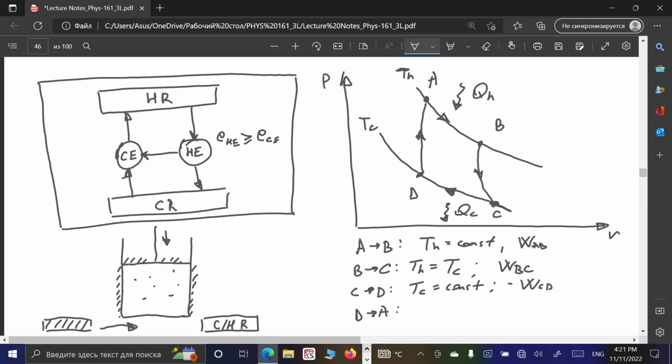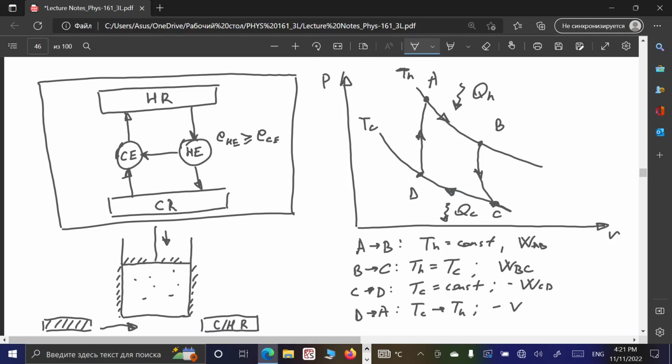So in this case, what happens? We insulated the ideal gas, and there is still some work done on the system. That results in the increase of internal energy because heat cannot be transferred anywhere. So that's why we have temperature change from Tc to Th.